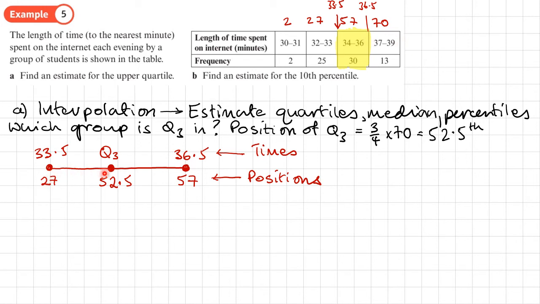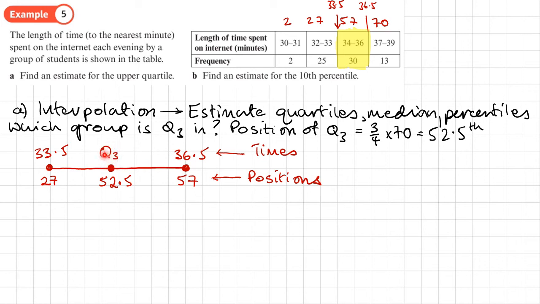Now we can use this diagram and fractions or ratios to work out what this value of Q3 is. So for example, this gap divided by this gap is the same as this gap divided by this gap, or this gap divided by this gap is the same as this gap divided by this gap. Now there's lots of different ratios you can write, but I want to write it to make the working as easy as possible.